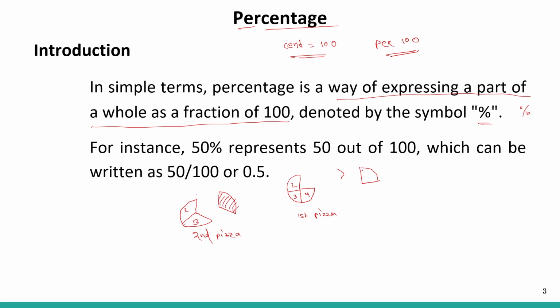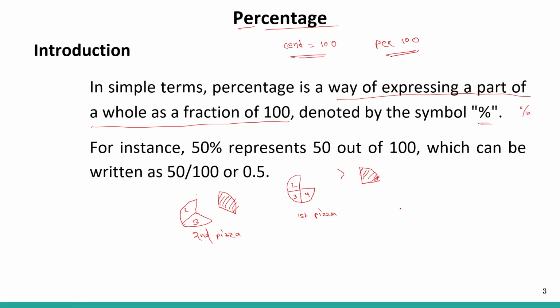So just remember here, which is the whole for the first pizza. The whole was when it was complete. And what part in terms of fraction is this part? This is what we need to express in terms of percentage. A way of expressing a part of a whole as a fraction of 100. Let's say the whole was 100.